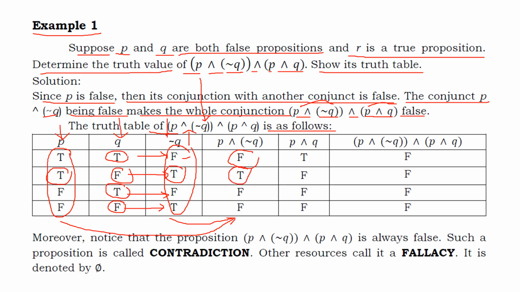Again, once we apply the concept of conjunction, if both propositions involved are true, then the truth value is still true.